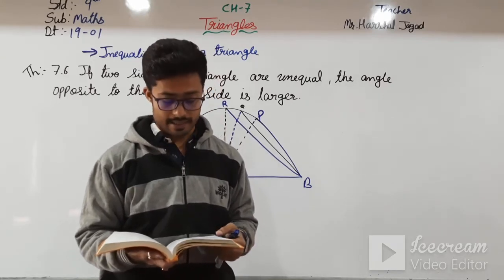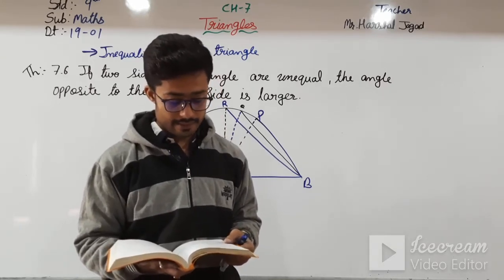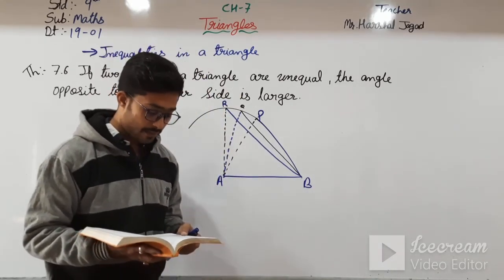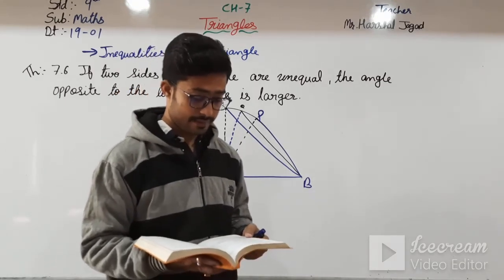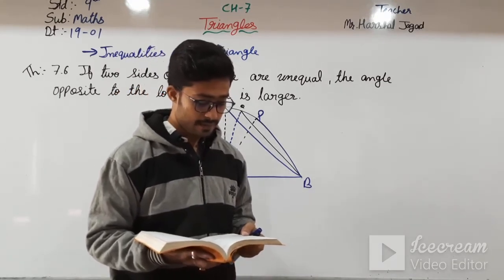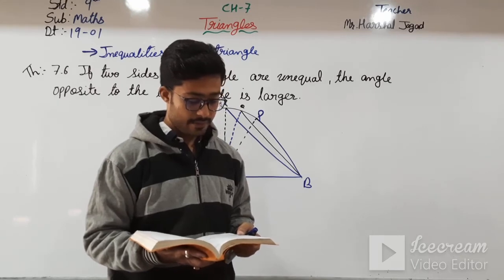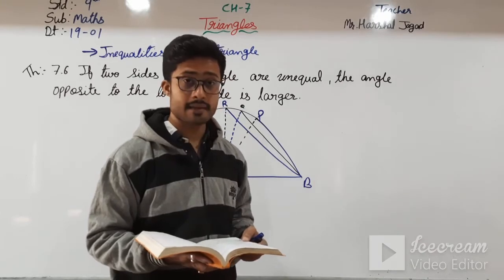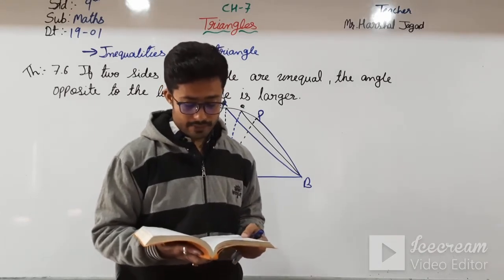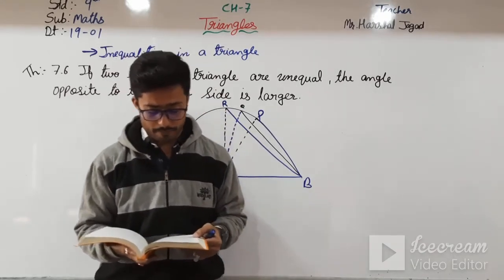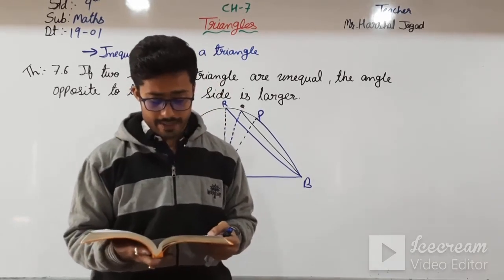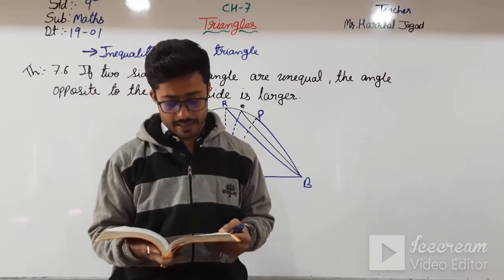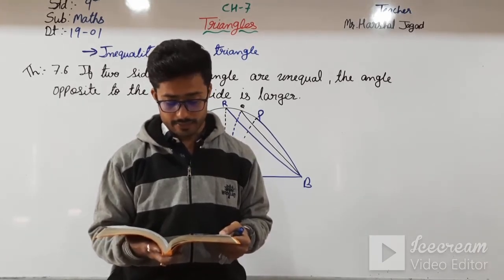You can also do an activity: draw a line segment AB, with A as center and some radius, draw an arc and mark different points, say P, Q, R, S, T, and then join each of these points with A as well as B. Observe that as we move from P to T, angle A is becoming larger and larger. What is happening to the length of the sides opposite to it?